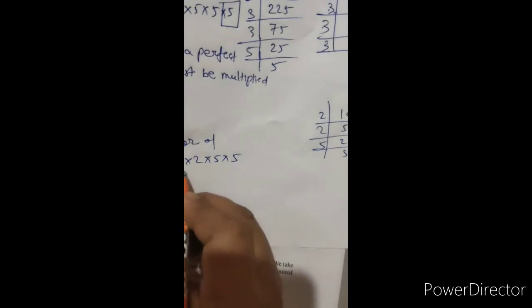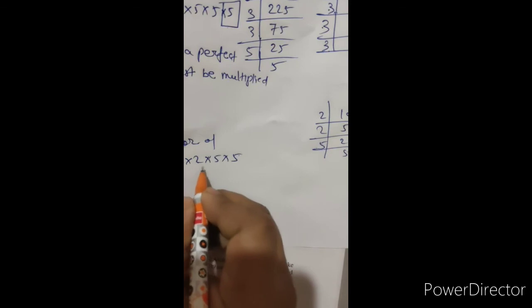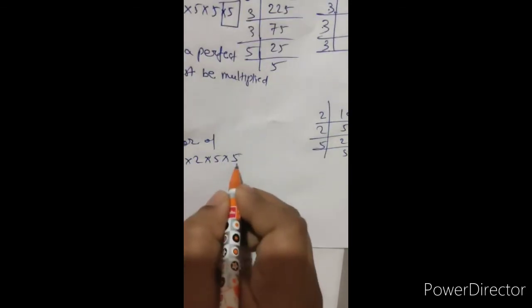Now you have to make groups of 3. We can see that only two 2's are here and only two 5's are here. It doesn't make a group of 3. So if we multiply by one 2 here and one 5 here, it becomes a perfect cube.